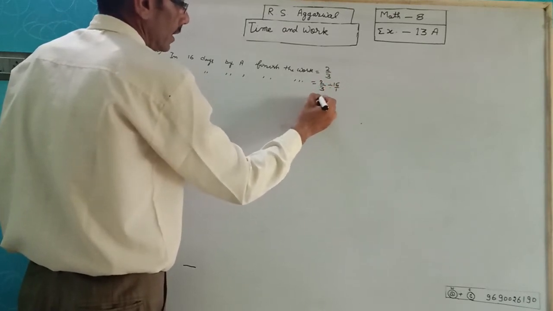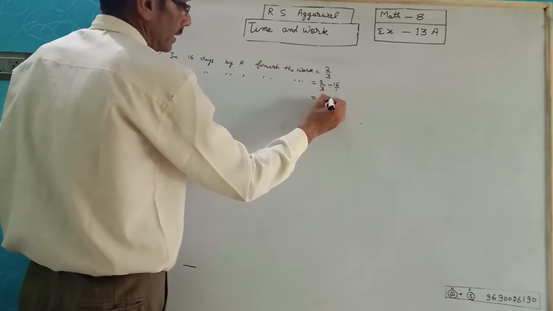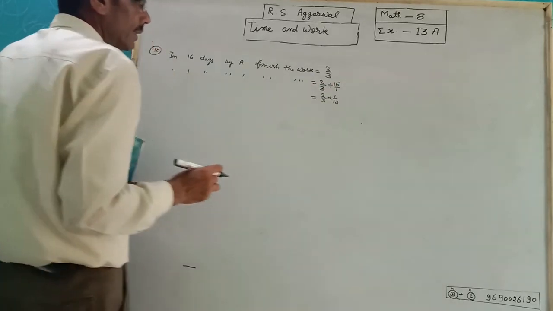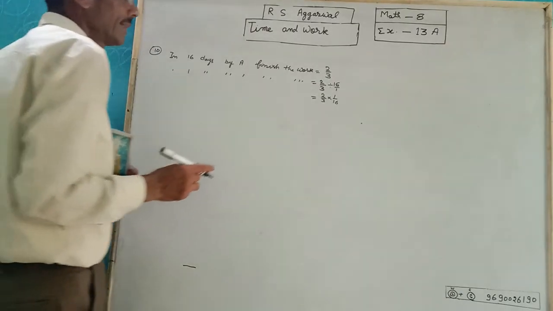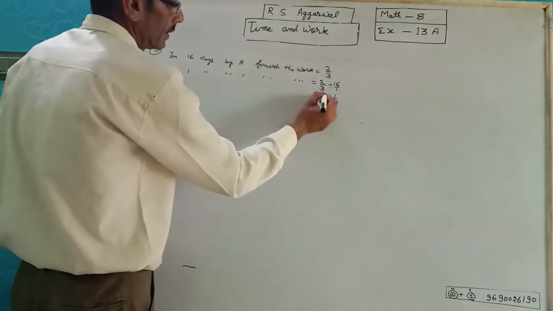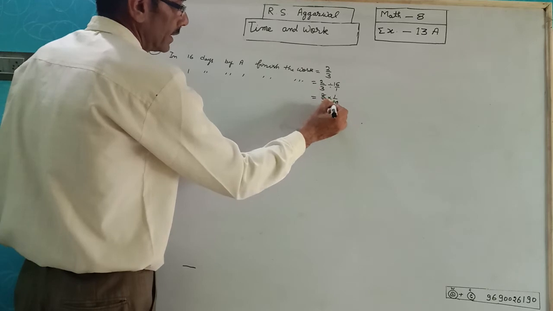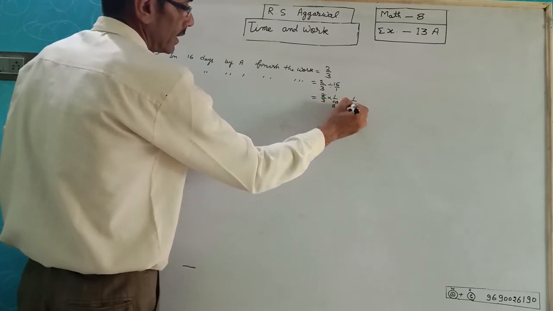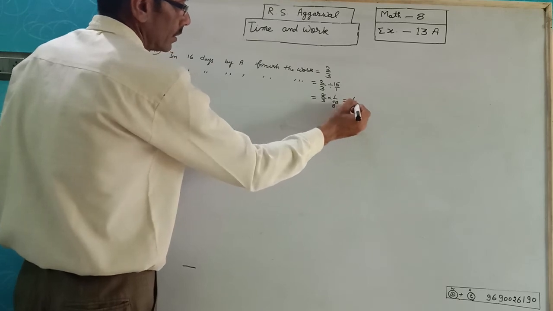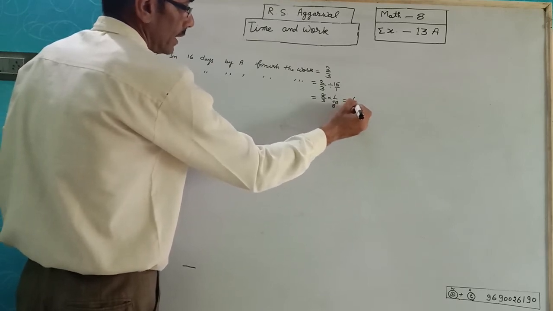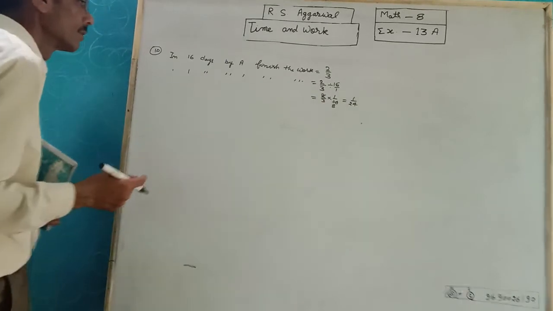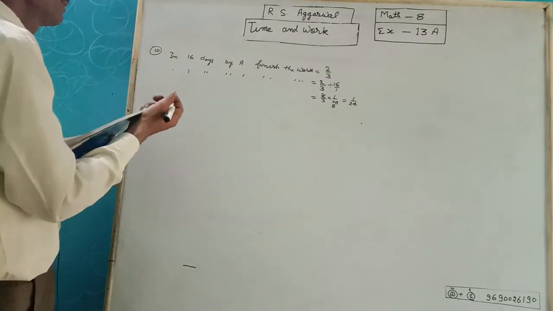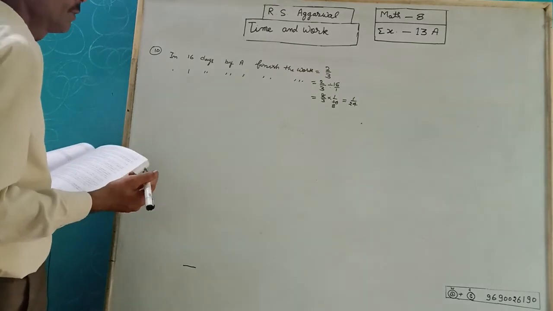Write it over 1: 2/3 times 1/16. Divide changes to multiply. 2 times 8, 1 times 1, 3 times 8 is 24. 1 day work by A is 1/24.